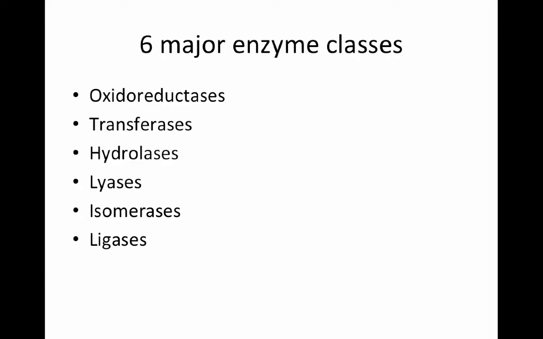Now I'm going to give you an overview of the 6 major enzyme classes and their main functions. These 6 enzyme classes are oxidoreductases, transferases, hydrolases, lyases, isomerases, and ligases. And for each one of these, we'll look at the product, we'll look at the substrates, and a little bit of their functioning.